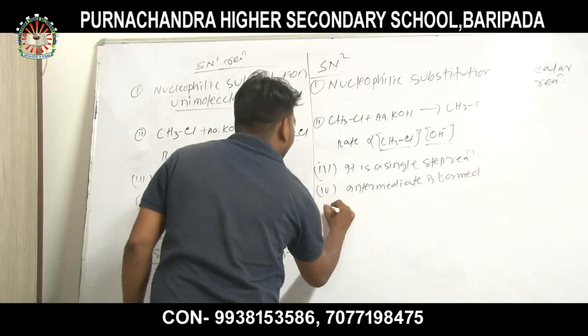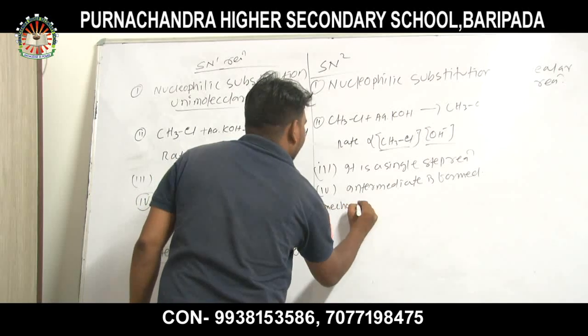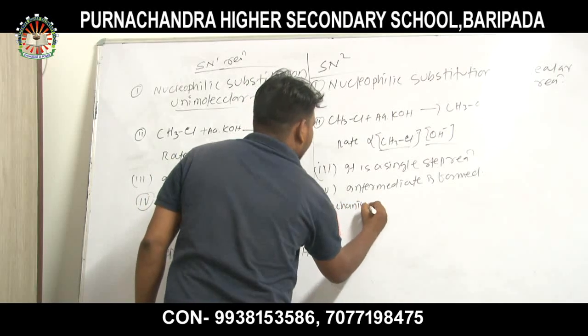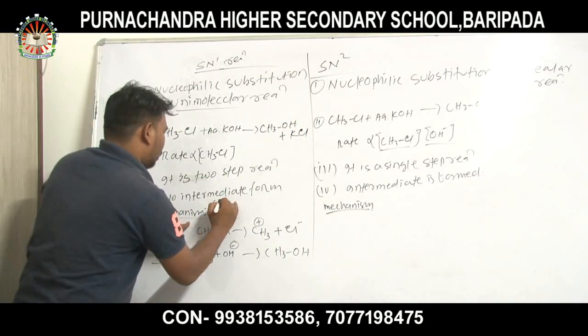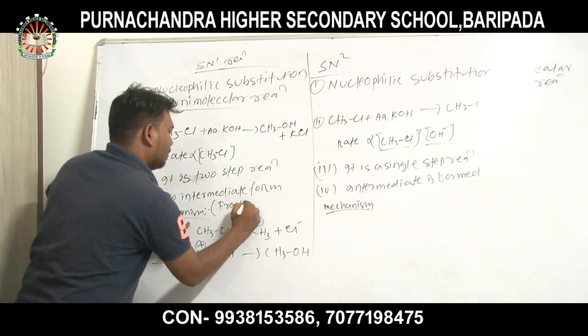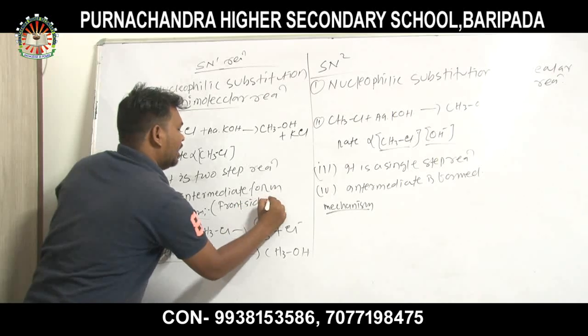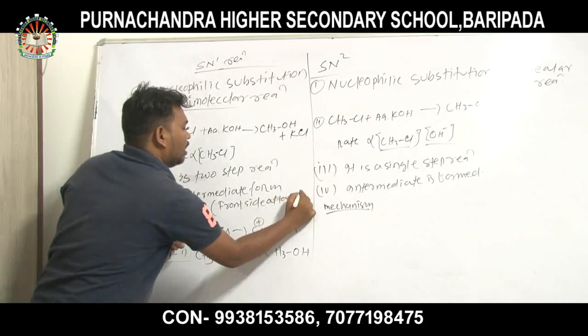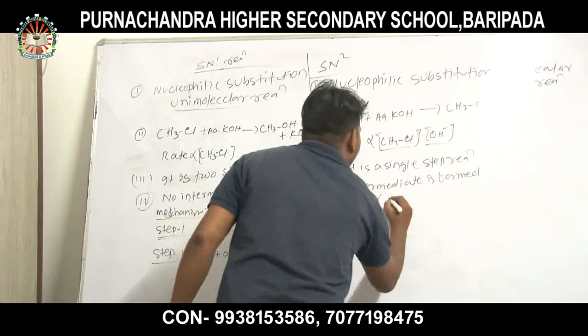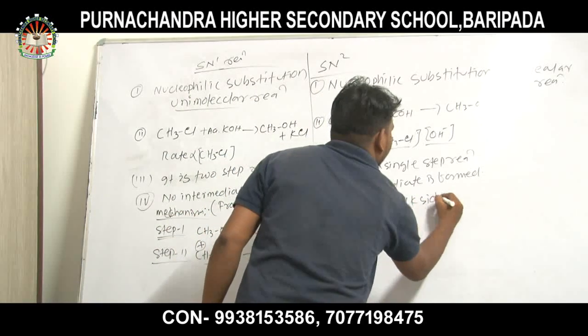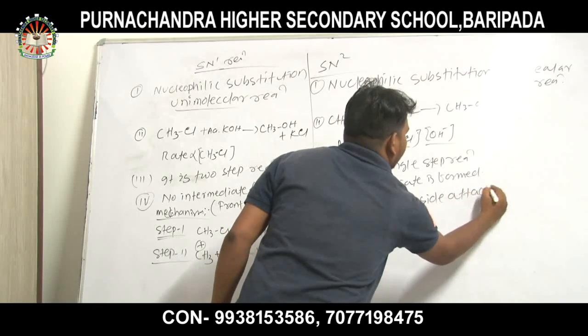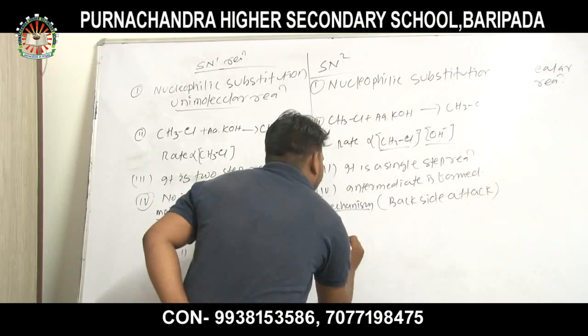In SN1 the mechanism undergoes front side attack, whereas in SN2 the mechanism undergoes back side attack.